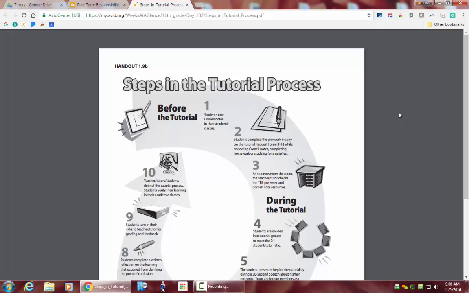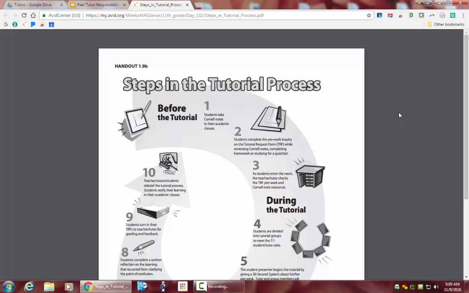It is extremely important that the TRF is not done during the class, but is completed prior to, which does mean that you're going to have to spend some time with your notes. As you know, that's a very big piece of AVID, is they want you to spend time with your notes. So you're taking your notes and you're completing the tutorial request form and bringing that into the AVID elective class.